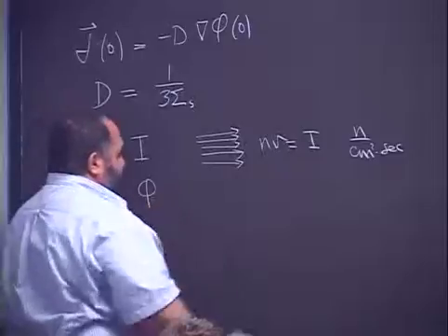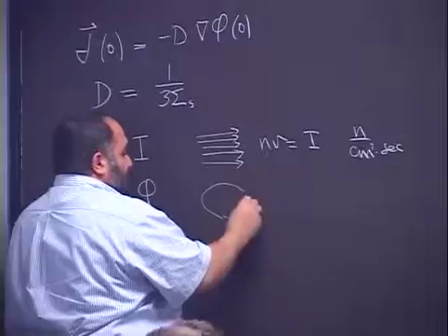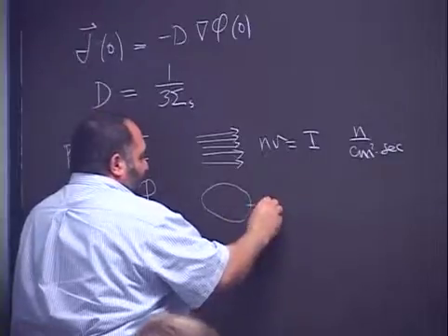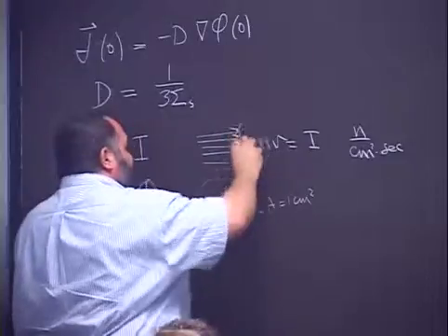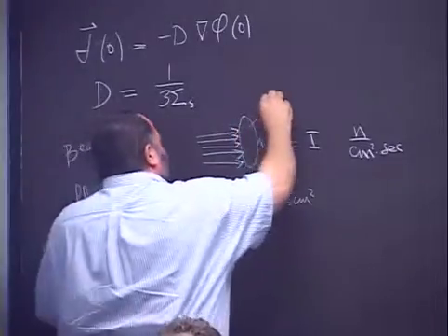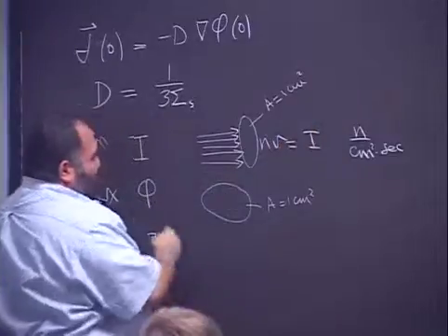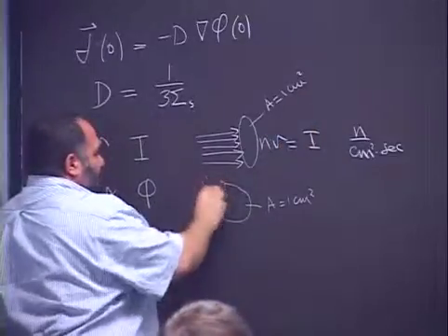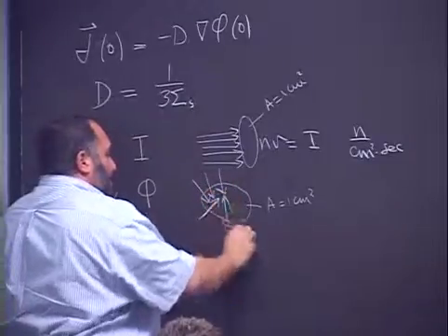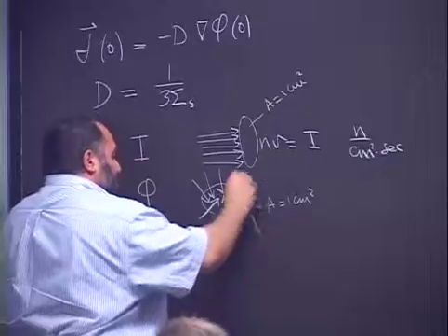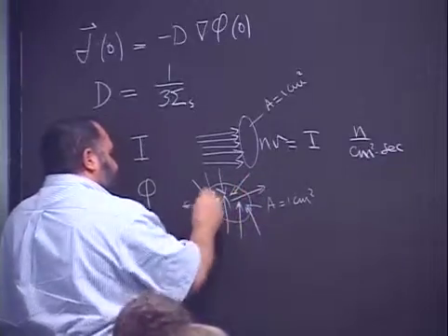What about current? So this is area equal to 1 centimeter square. It is exactly the same, but with the difference of you have neutrons coming and crossing the area, which is the total number of neutrons crossing the area in all direction.